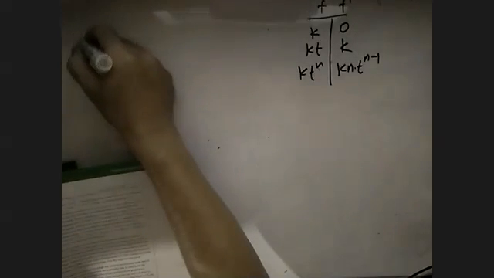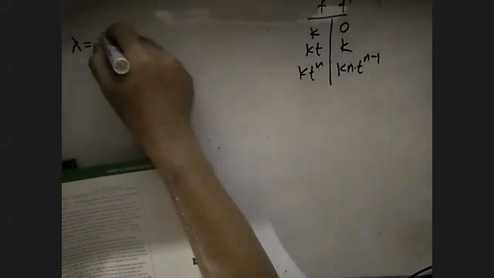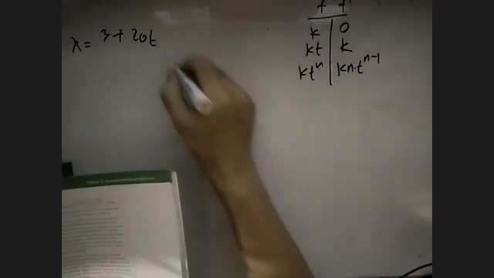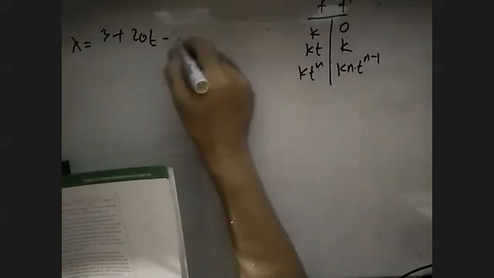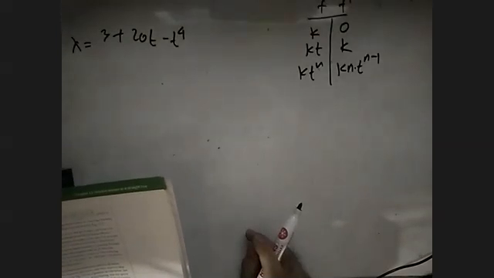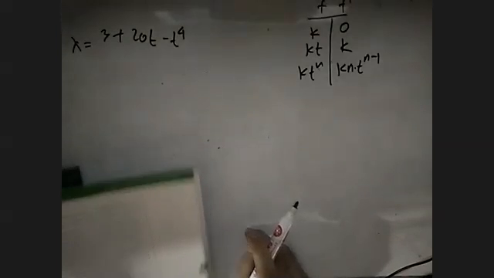Given that x is 3 plus 20t minus t power 4, they're asking find the expression for v and a. It's the same here.